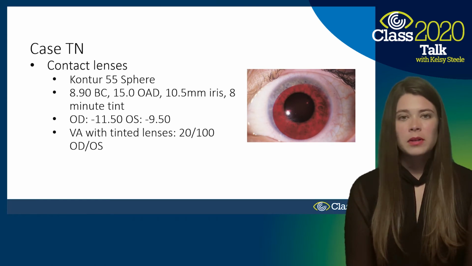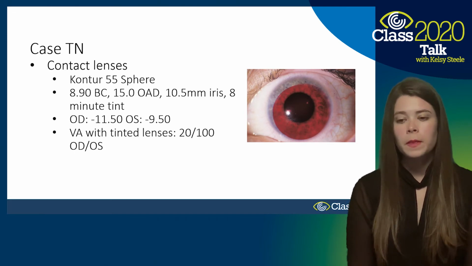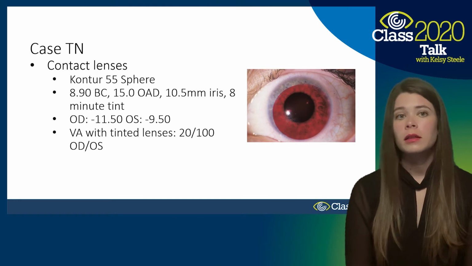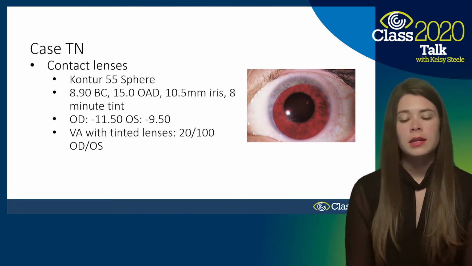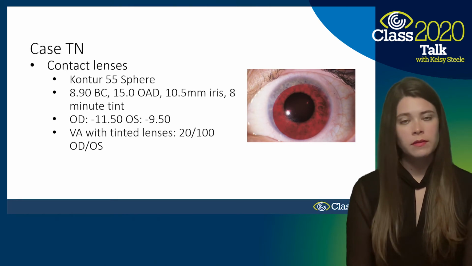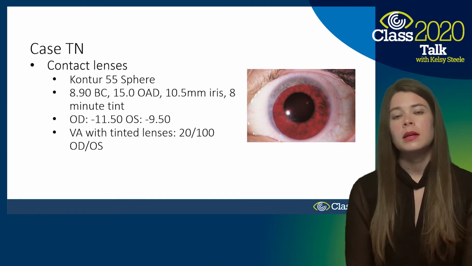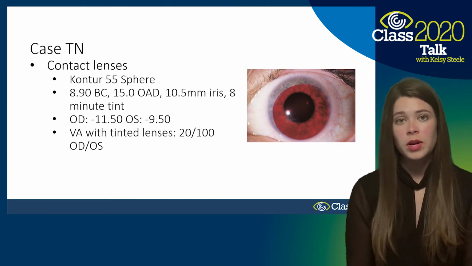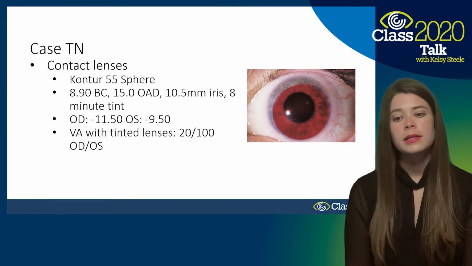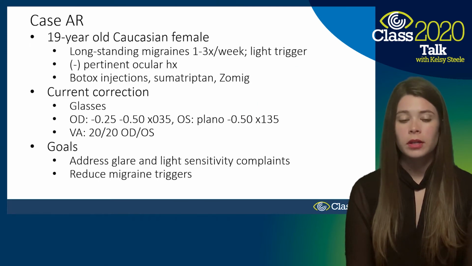Pretty same power to what he had in the corneal lenses and identical visual acuity. He doesn't wear these all the time, but on the weekends, he's always wearing these. Anytime he's on the boat, going to sporting events, he really appreciates the improved contrast in colors, as well as the decrease in light sensitivity.